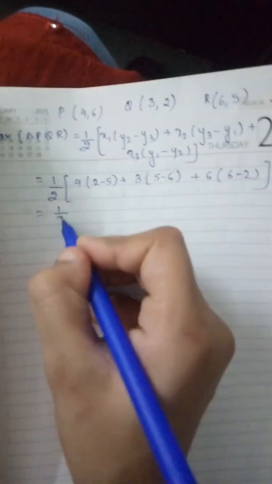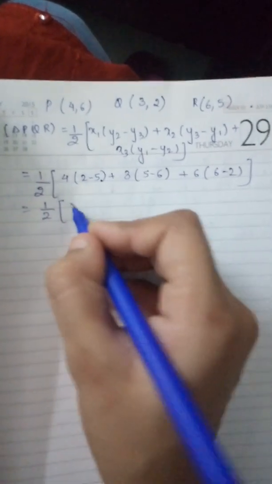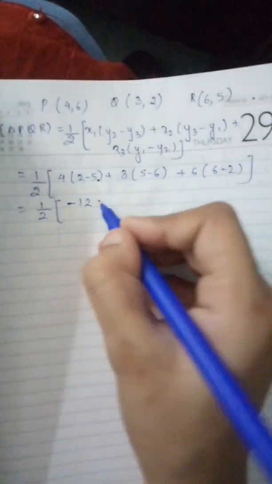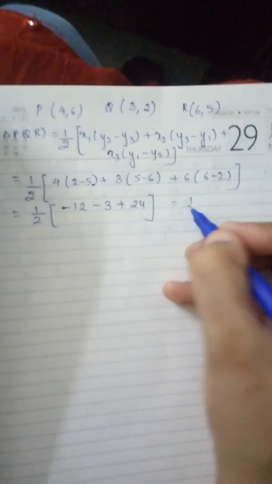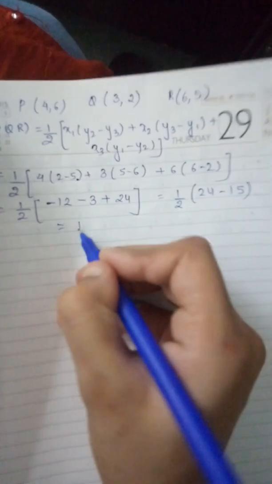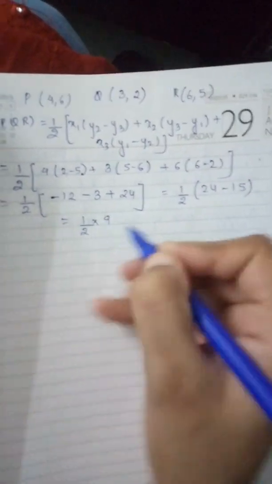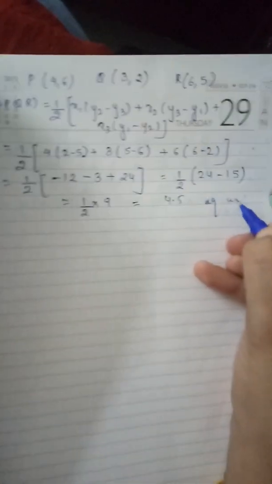This gives us 2 minus 5 is minus 3, minus 12, minus 3, and 4 6s are 24. So this gives us 24 minus 15, so 9 by 2, which is 4.5 square units.